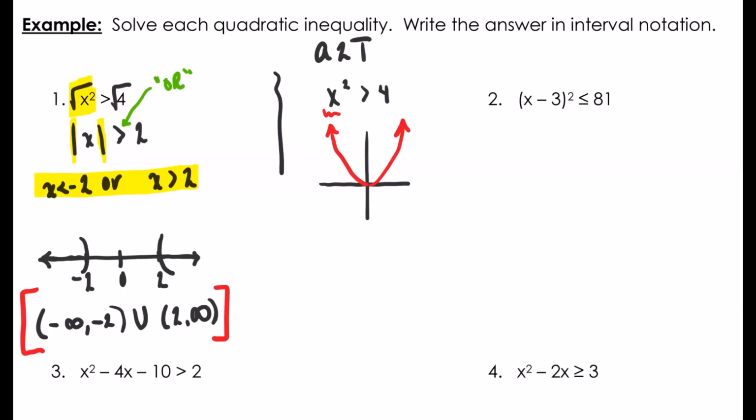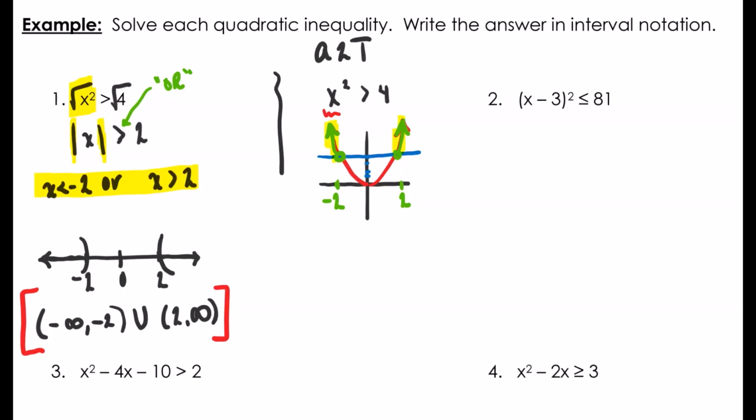And then 4, I know, would be a horizontal line, so let me draw that in. All right, so where is x squared greater than 4? Well, obviously the left-hand side starts here, and then it's this piece, and then the right-hand side starts here, and it's that piece. And it's pretty easy to see that that's going to be at positive and negative 2. So that would be the solution if you did it graphically.